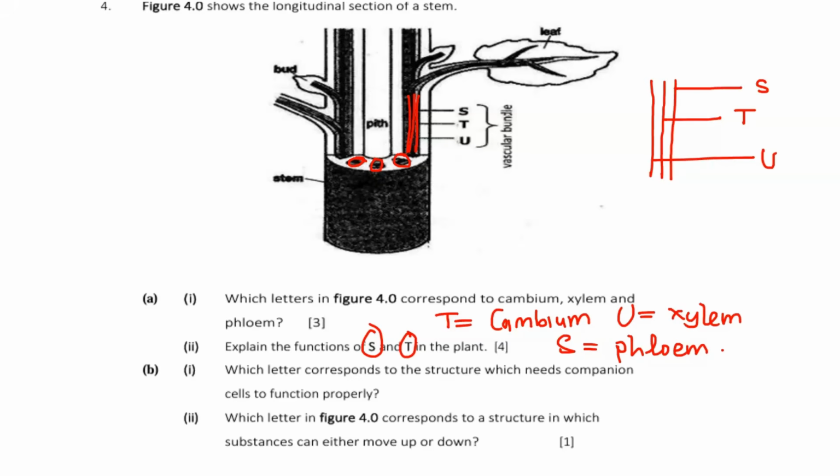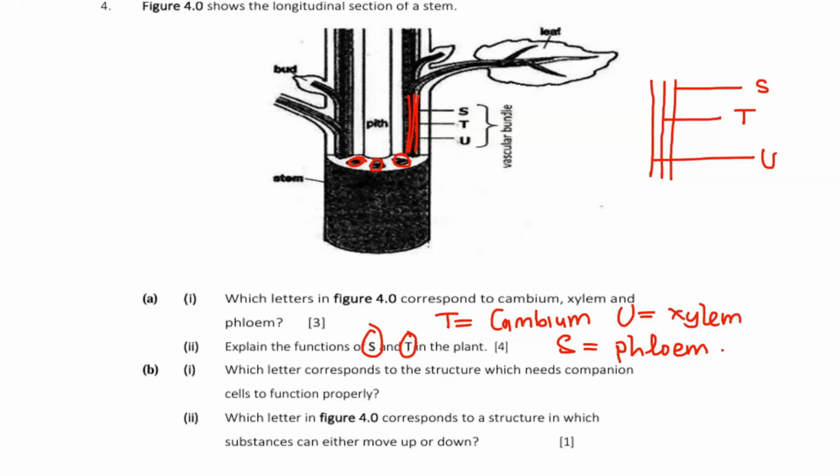That is the function of the phloem. Aside from that, it also transports amino acids through the process called translocation. That is very important to note. It transports from the point of manufacturing or origin to the sink. That is the usage part or storage part. Okay, that's very important.